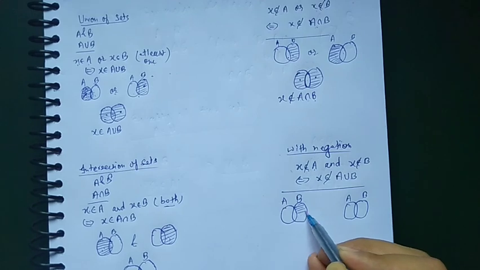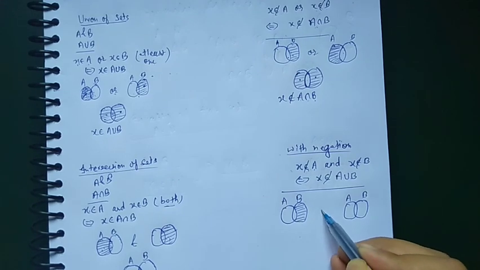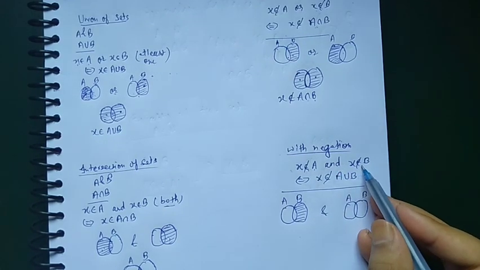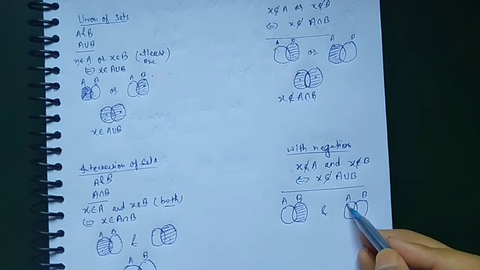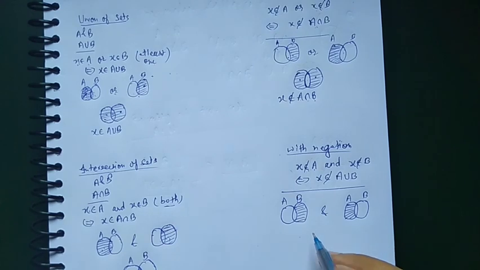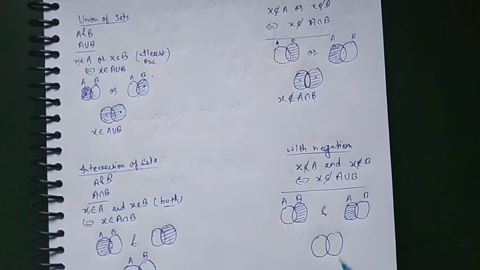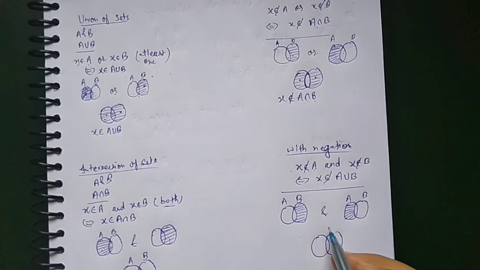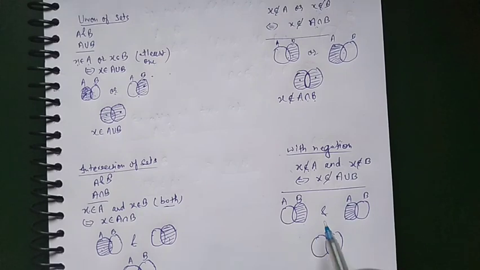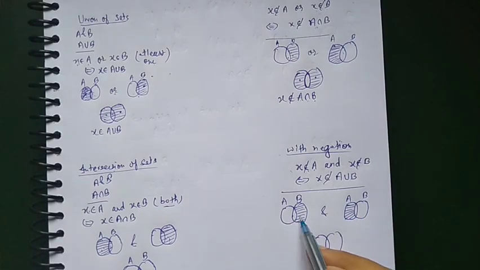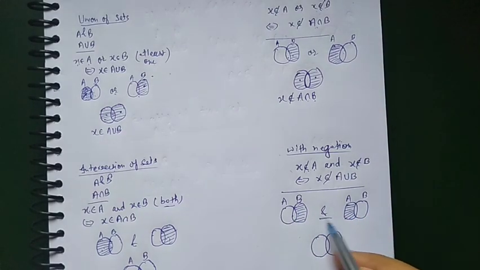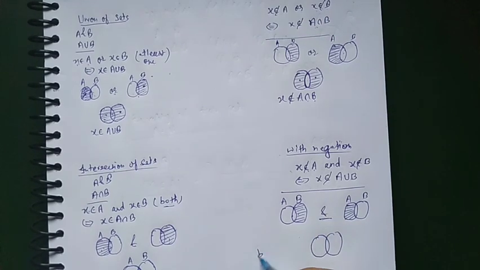X can be in this shaded region, and X doesn't belong to B, so the possibility of X will be in this shaded region. Both these Venn diagrams will imply that the position of X should satisfy both these Venn diagrams, because it is here, and so both should be true.